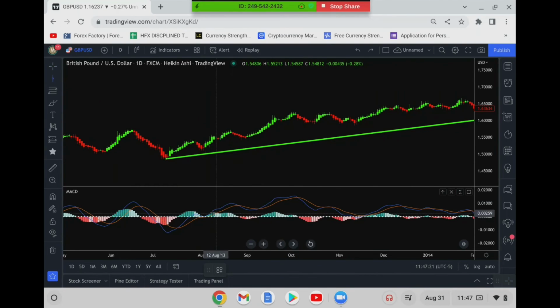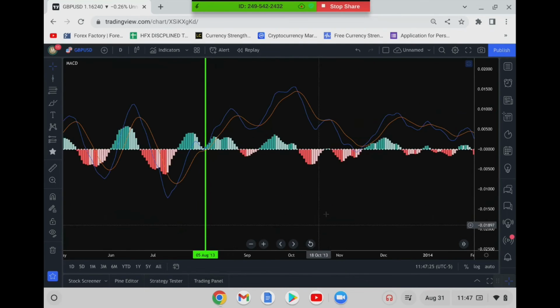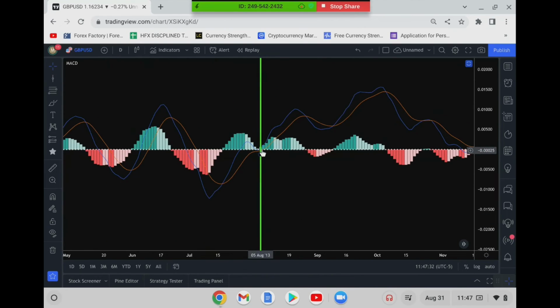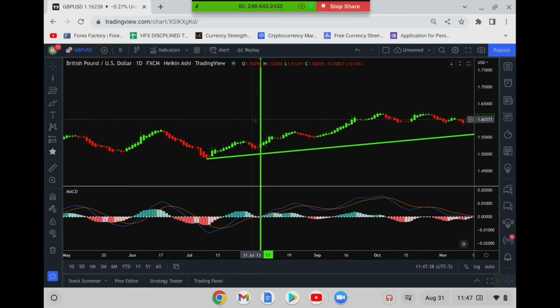On top of that, we have our first green histogram bar pushing up and away from our baseline, right? You guys can see that. That's our first green bar pushing up and away from our baseline. Then up here at the top, we have a green flat bottom candle. All confirmations letting us know that price is shifting with upward momentum. So this would have been our first entry on this trade.